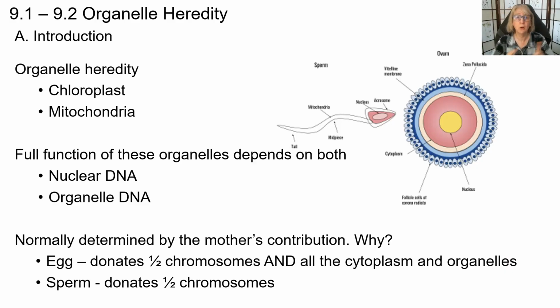Your mom gives you her DNA, but also because of the nature of an egg, having a lot of cytoplasm and all of the organelles that make that egg function, your mom also gives you all of her organelles, including her mitochondria, and if you were a plant, your chloroplast, that also have their own DNA. So technically your mom gives you a little bit more DNA than your dad, because as far as we know right now, your dad really doesn't contribute substantially to the donation of organelles.